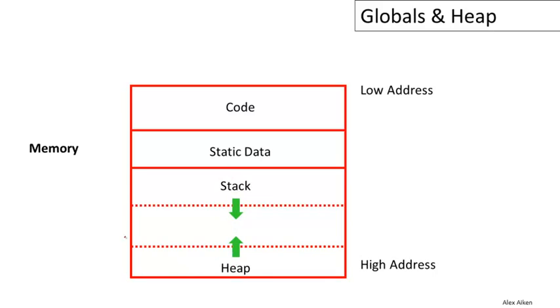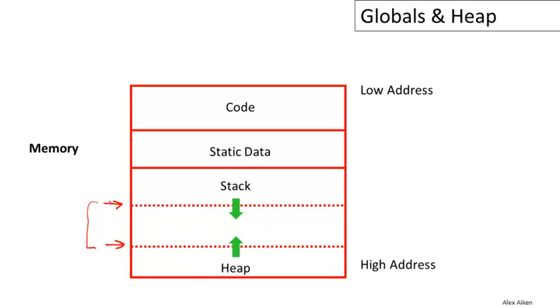And if these two pointers ever become equal, and what are the two pointers? Well, we have a stack allocation pointer that says where we're going to allocate the next stack frame. And we have a heap allocation pointer that says where we'll allocate the next object if we have another dynamically allocated object. As long as these two pointers don't cross, as long as they never become equal, then the program has memory to either add another stack frame or another dynamically allocated object, and the program can continue running.